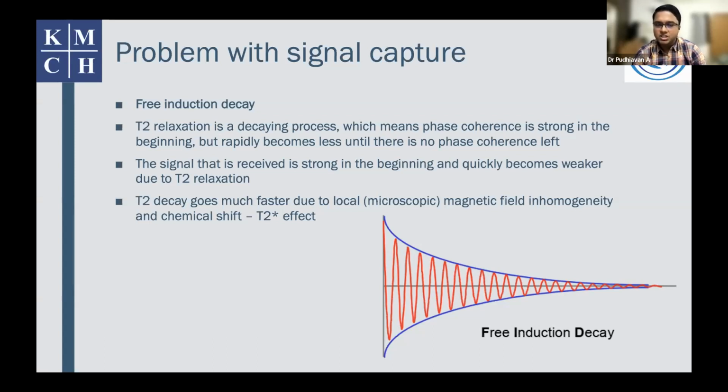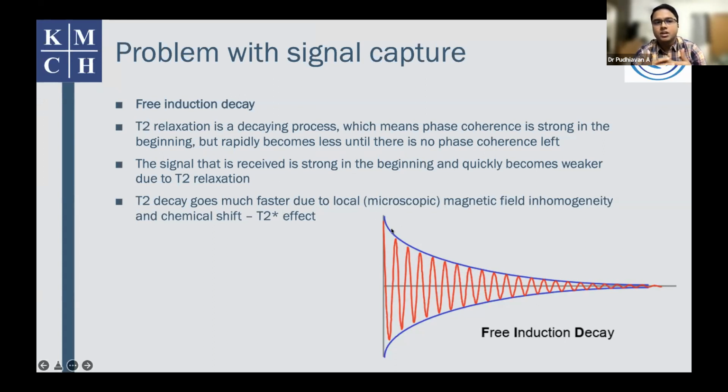T2 relaxation is a much faster process, and T1 relaxation is a relatively slower process. With T2 relaxation, as I told, there is loss of phase coherence between the protons.